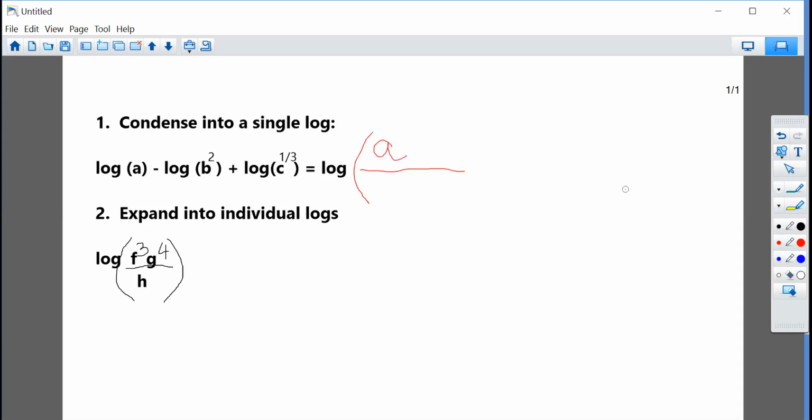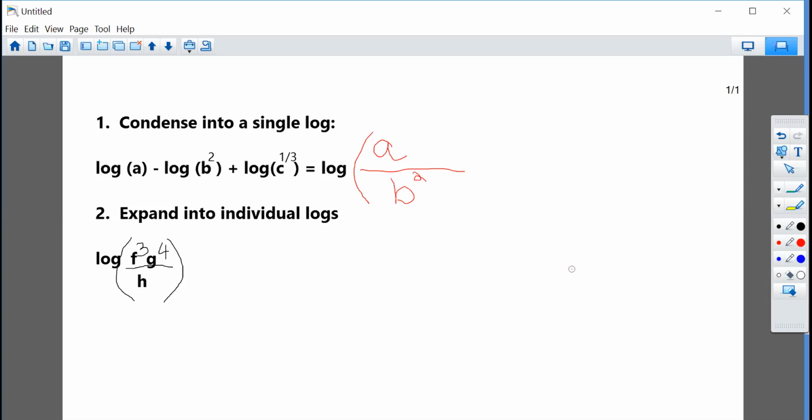Okay, log of B squared, where is that B squared going, top or bottom? Yes, good, because that log is being subtracted, that B to the 2nd factor goes in the denominator. Sorry, 2's are messy on this thing.